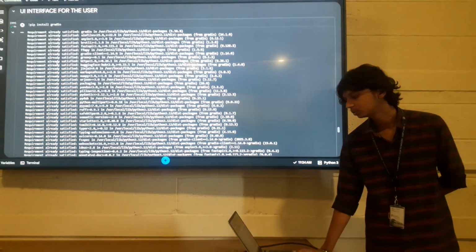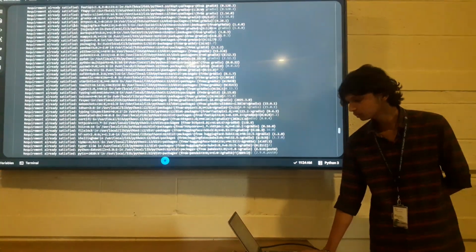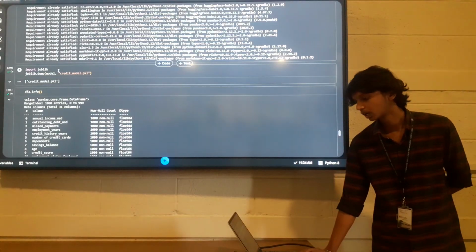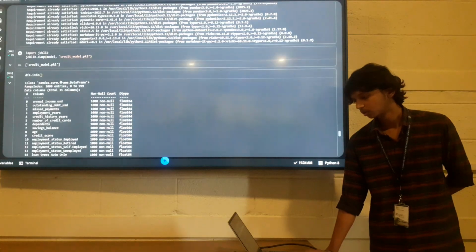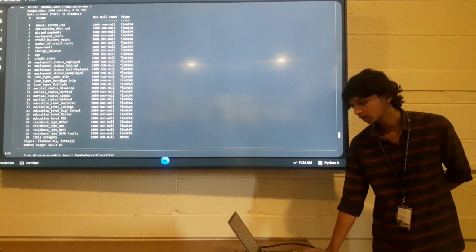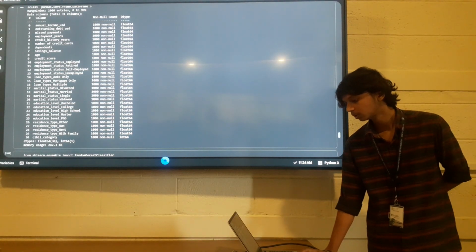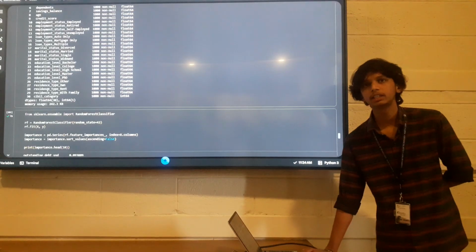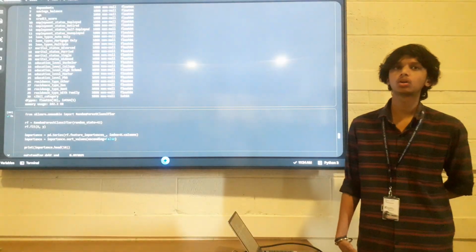Next, we have built a user interface using Gradio, where I have done the model of the credit model, but there were 29 columns, so it is hard for the user to give input for 29 variables.